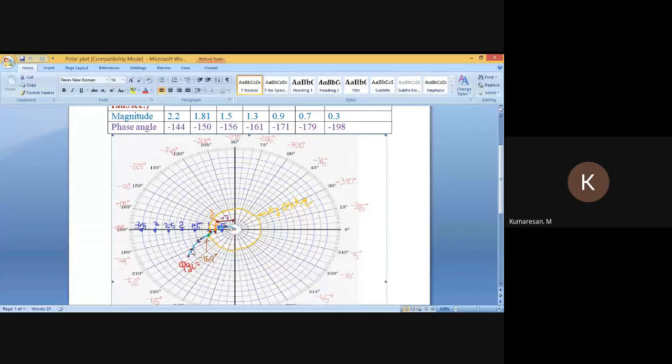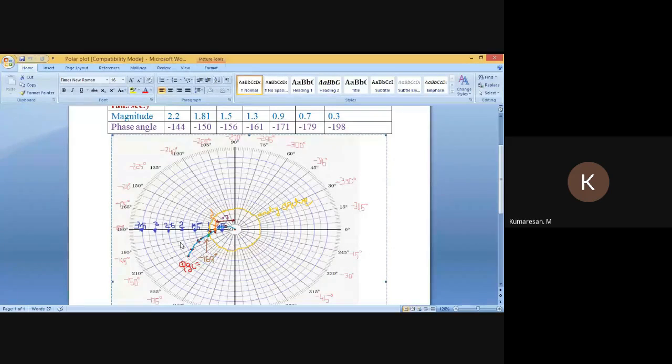The third is magnitude 1.5 with minus 156: minus 150, 155, 156, a little greater than 150. Then magnitude 1.3 with minus 161 phase angle. You have to mark this 1.3, just check that it is minus 161.